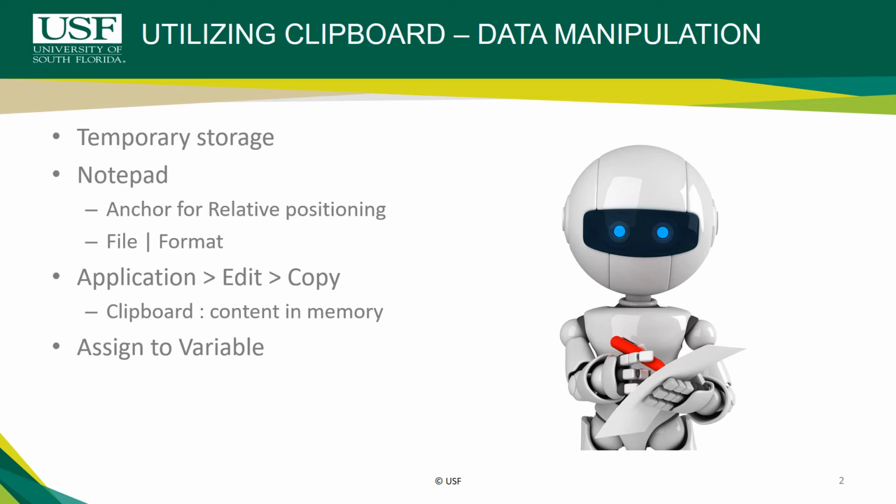So we're going through the notepad, we're figuring out how do I know what data to collect, what data to copy. Is it absolute or relative positioning? I get access to that value by copying it to the clipboard in memory, and then I can manipulate it as I put it into a variable that I can then utilize later in the process.